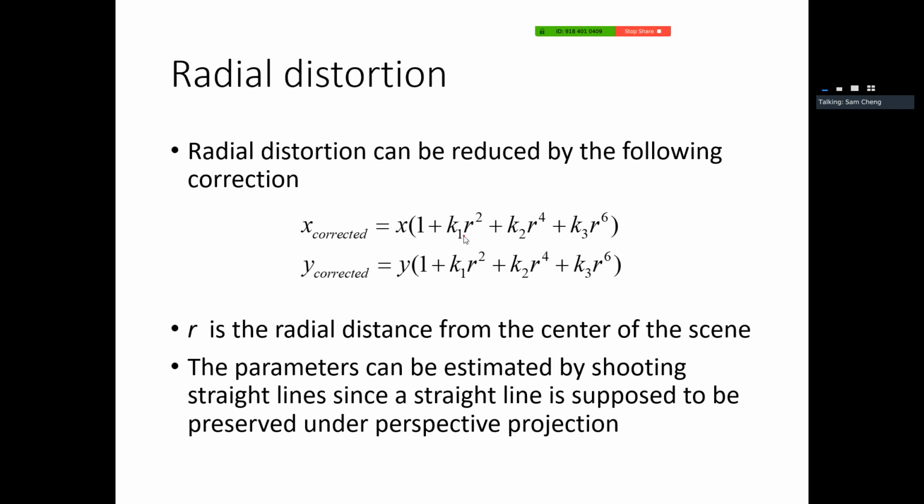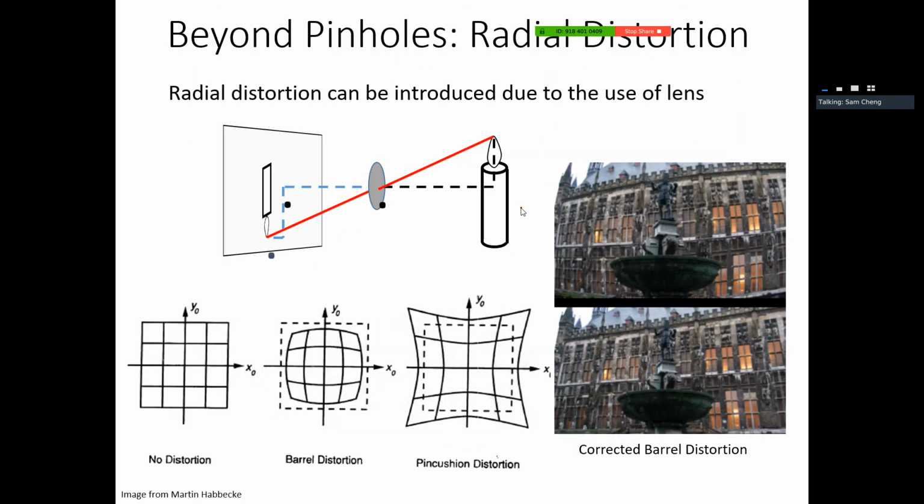You assume the center of the sensor is here, and r is the distance of a pixel from this center location. Then you can do this kind of fitting to correct the barrel and other distortion effects.